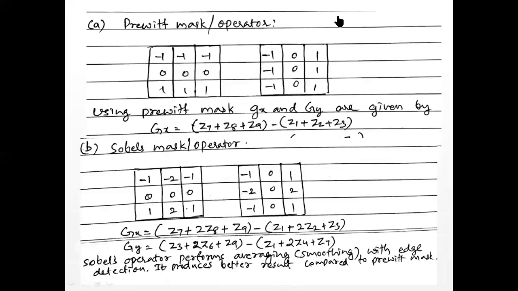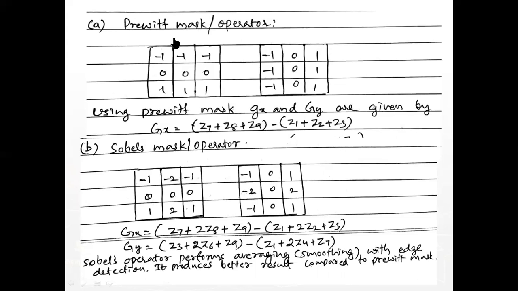Here we are going to start with the Prewitt mask. This is the mask we use for calculating the gradient along the x direction, and this mask we use to calculate the gradient along the y direction. Using this Prewitt mask, the gradient along the x direction can be written as the difference of the third row and first row.